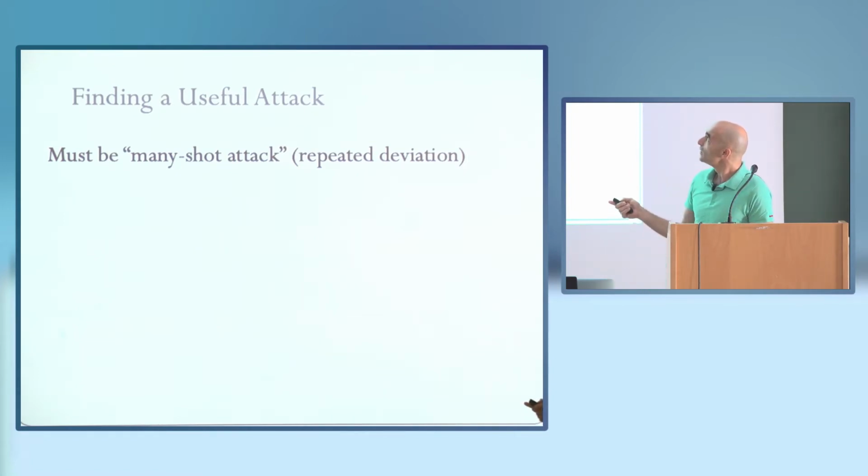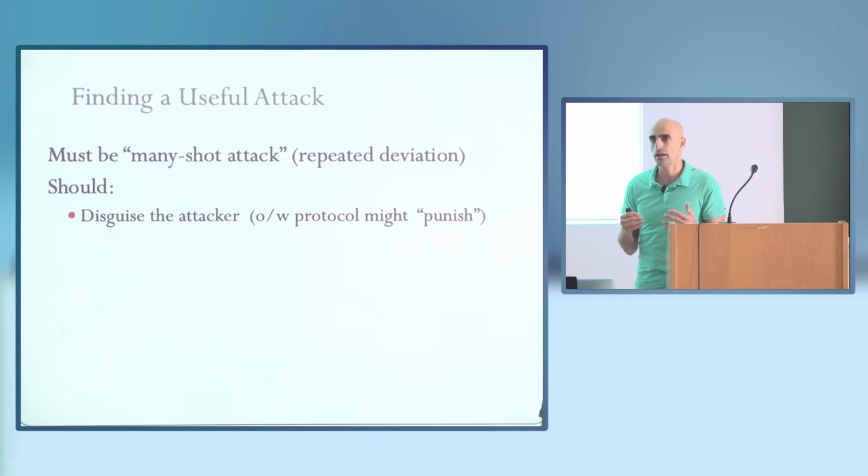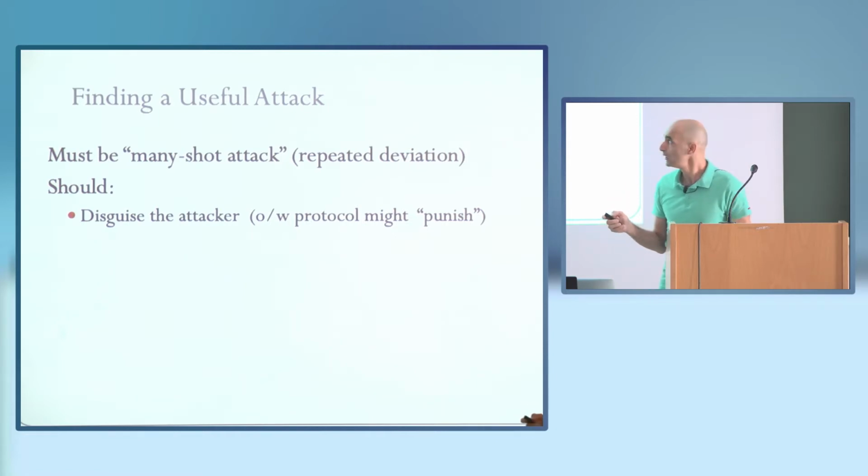But then, once you decide that, you must be careful, because if you attack the protocol many times, you may reveal yourself as an attacker. You must be careful not to be too aggressive.